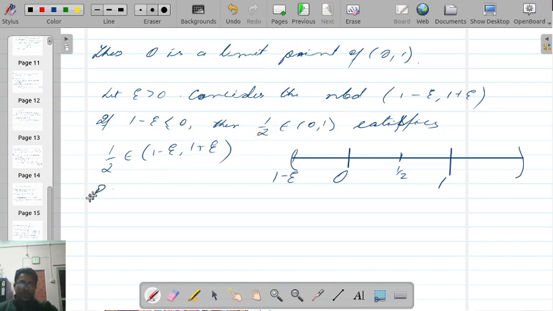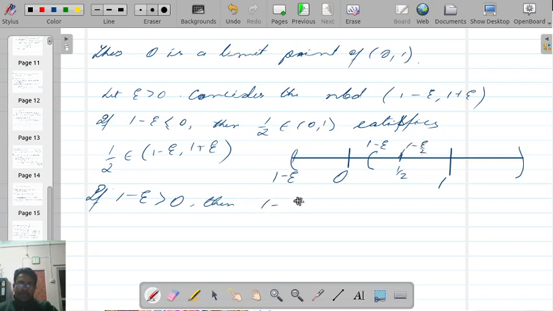And if 1 minus epsilon is greater than 0, that means epsilon is less than 1. Then 1 minus epsilon is somewhere here, so we can take something like 1 minus epsilon by 2. It will be a point somewhere here, right?